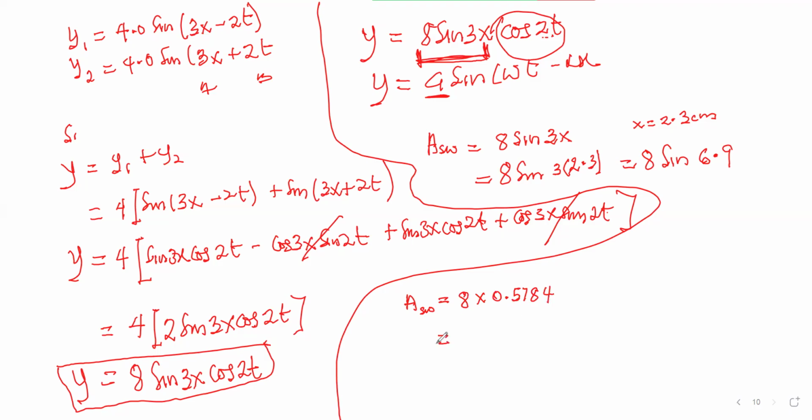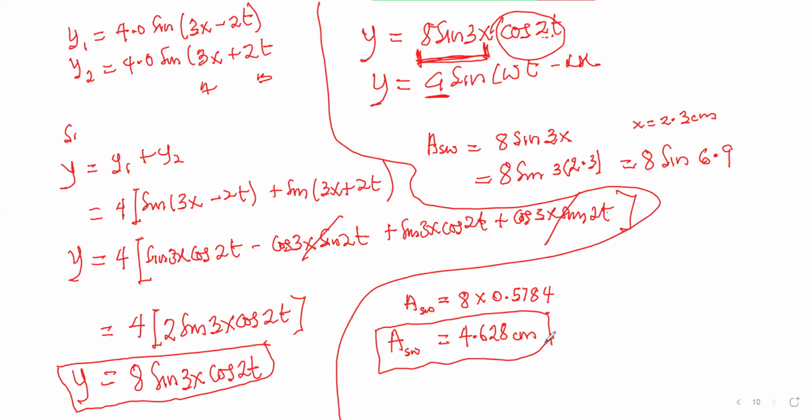Then multiply 8 by this. 4.6275, which is 4.628 centimeters. This is the amplitude of the stationary wave when x is equal to 2.3.